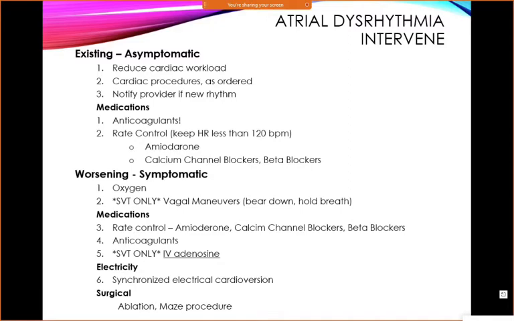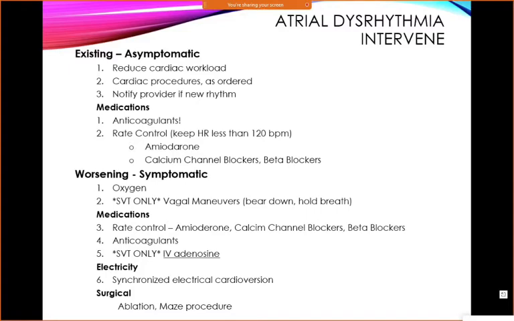And that is because we want the heart to fill, and we want the stagnant blood to not clot. So most patients with atrial fibrillation, atrial flutter, if they're living in that rhythm, I'm not talking about if they convert to normal sinus rhythm, but if they're living in AFib or A-flutter, they will be on an anticoagulant and rate control, even if they are asymptomatic.